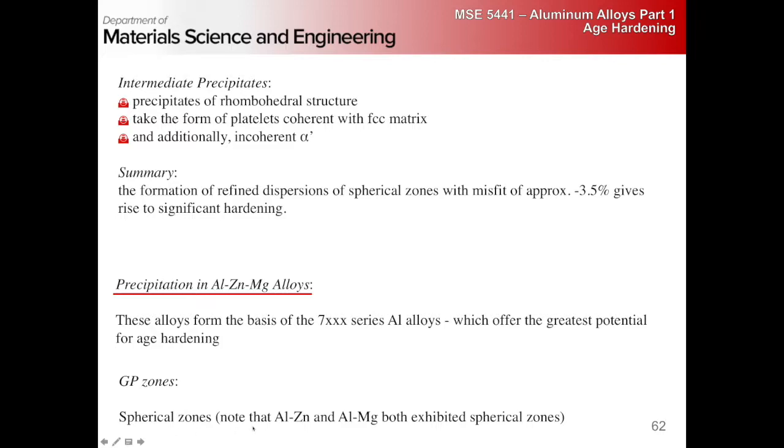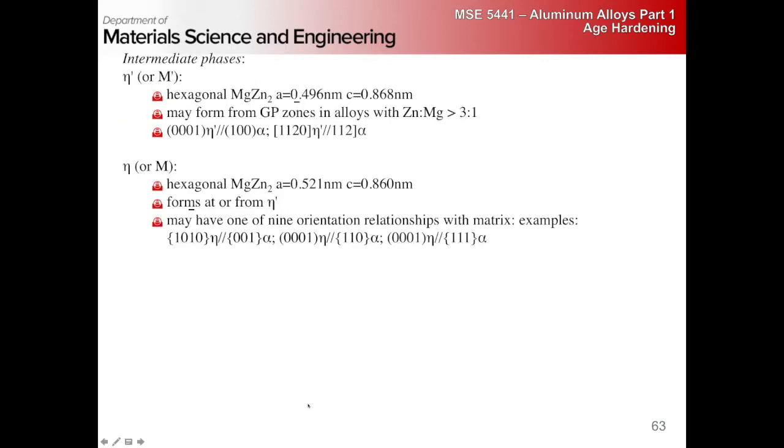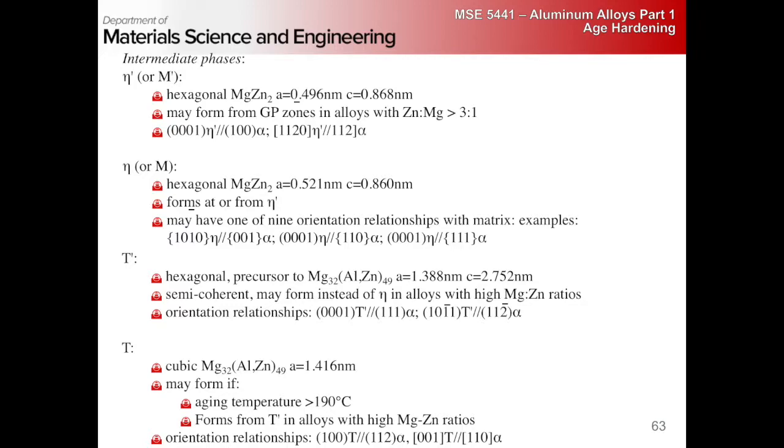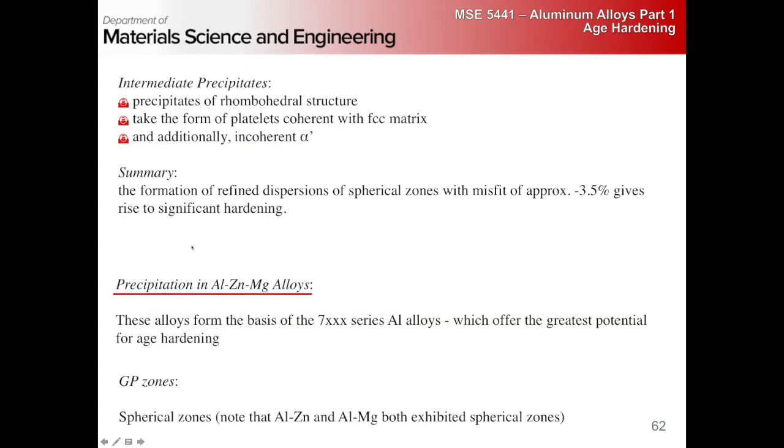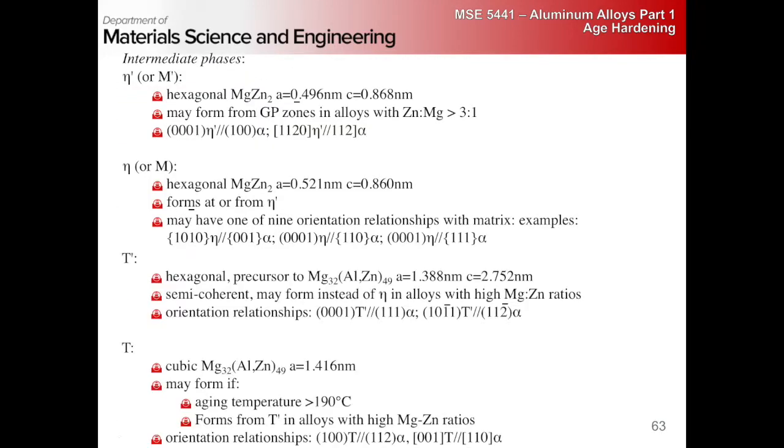Again, we have spherical GP zones, right? In aluminum magnesium, the spherical GP zones were not great. In aluminum zinc, the strain associated with them was enough to give us hardening. But the key thing with these aluminum zinc magnesium alloys, the 7000 series, is we have a bunch of intermediate phases.